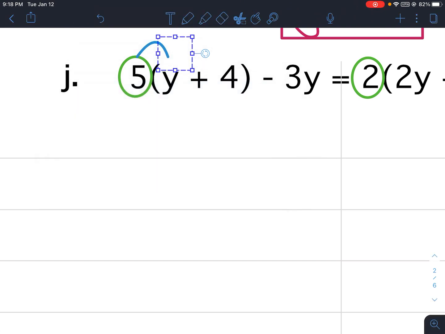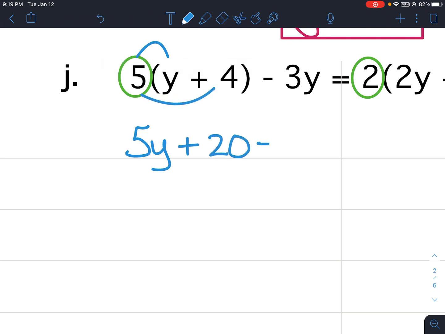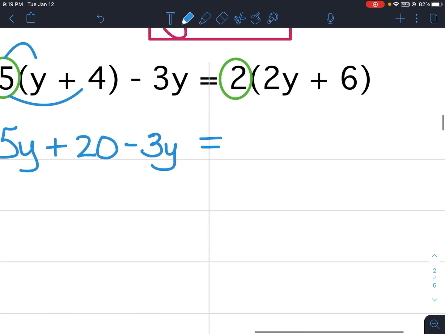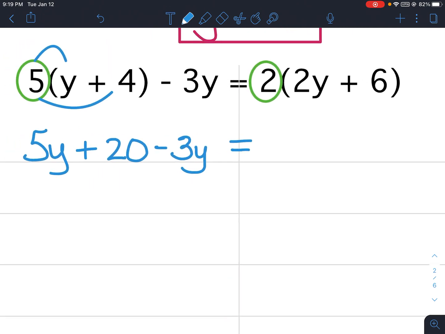So 5 times y is 5y. 5 times 4 is 20. Bring down the negative 3y. All right, distributive property on this side. So 2 times 2 is 4y. 2 times 6 is positive 12.